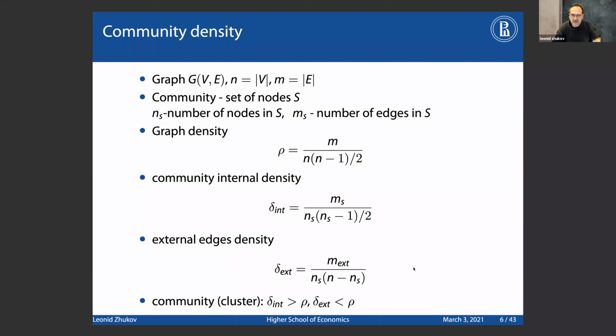So that's good. If we know which nodes belong to the cluster, then we can calculate the density and compare it. But that knowledge does not help us identify which nodes belong to the cluster.